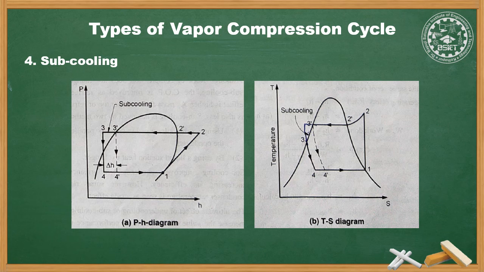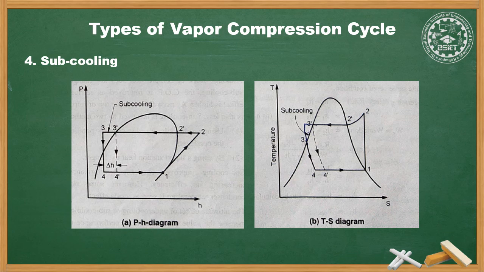The figure shows subcooling of liquid refrigerant from T3 dash to T3, below the saturation temperature. From the TS diagram, it shows that subcooling reduces the flashing of liquid during the expansion in the throttle valve and increases the refrigerating effect, and also reduces piston displacement and power per ton.